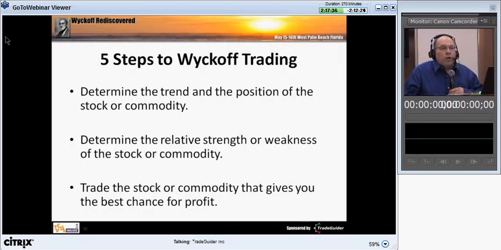Wyckoff very rarely used trend lines per se, sloping ones. He used, and I'll show you in a minute, parallel lines that show overbought, oversold, and show trend lines. And I'll tell you why, the danger of drawing trend lines.